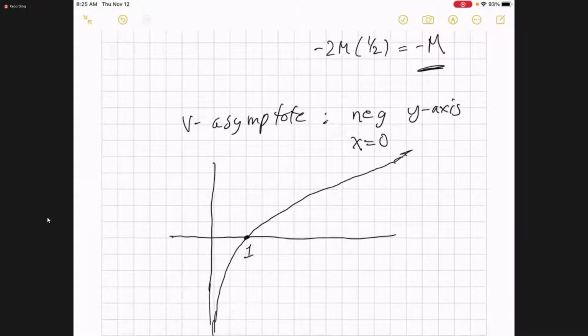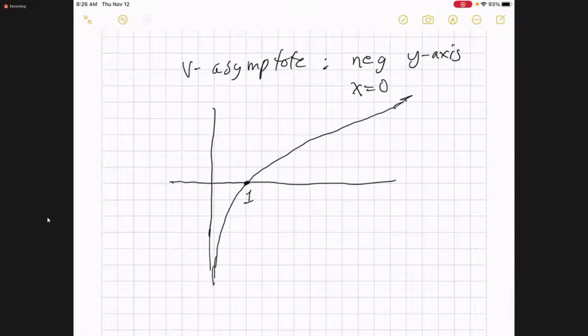And one thing we know, okay, it's 1-to-1, because it's increasing over its entire domain. Any function that's either increasing over its entire domain or decreasing over its entire domain is automatically 1-to-1.